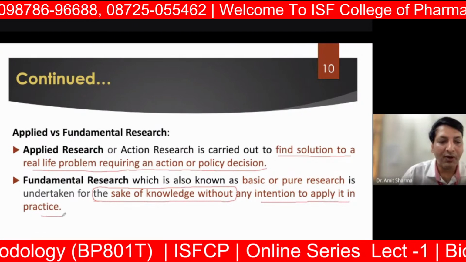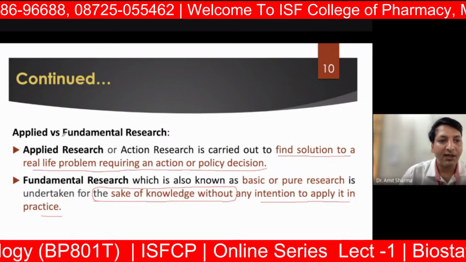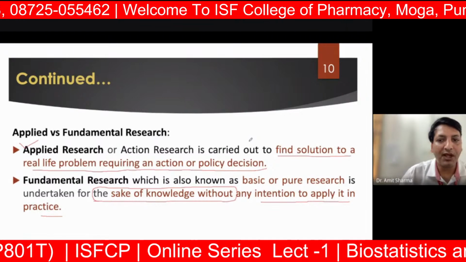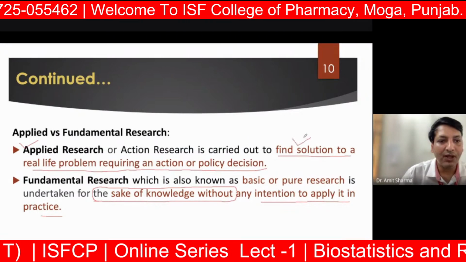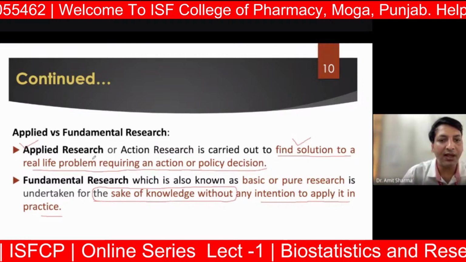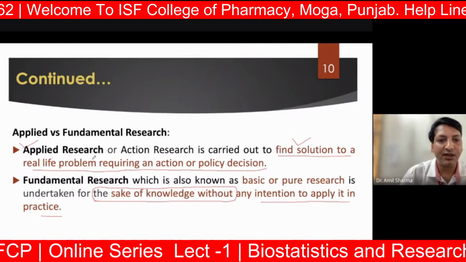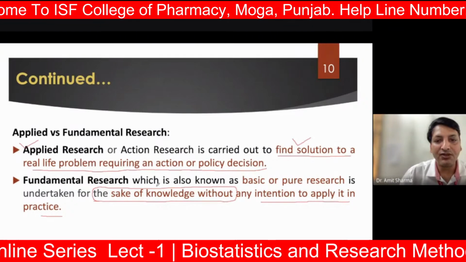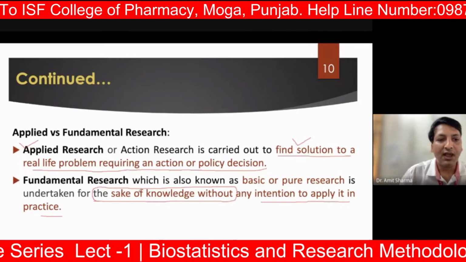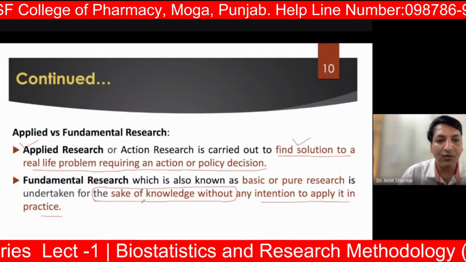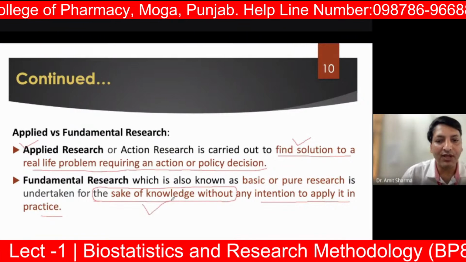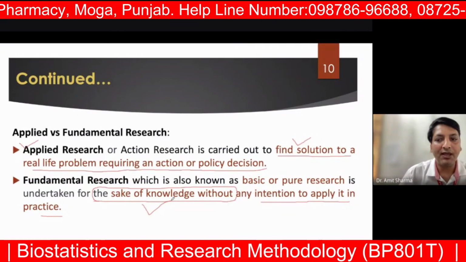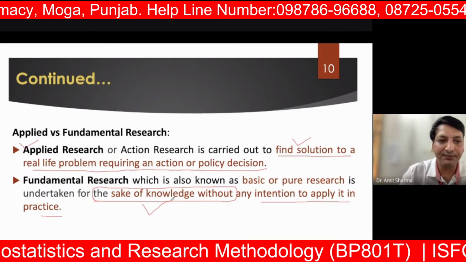So what you have to remember on this slide is that applied research is carried out to solve a real life problem and requires an action or policy decision afterwards. Whereas fundamental research, also known as basic or pure research, is carried out just for the sake of knowledge and does not require any intervention to apply it into practice.